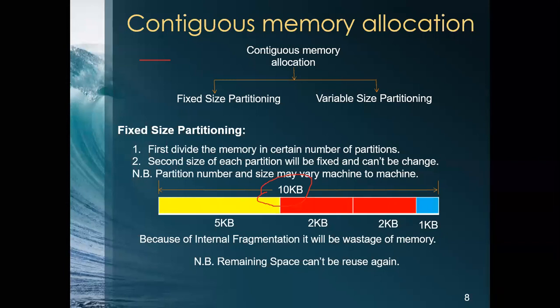The best fit searches all the memory and allocates the smallest one that is fit enough to store the process. And the worst fit finds the largest memory, and then allocates it to the process. So in the fixed size partitioning, the best fit algorithm is the best, but in variable size partitioning, first fit and worst fit are the better options.